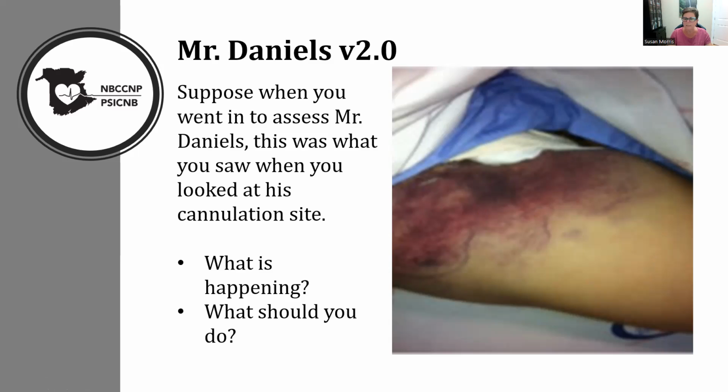I do not treat them any differently. Both require direct application of pressure for a minimum of 20 minutes. But this patient I have to pay special attention to for the next 24 to 48 hours to ensure he does not develop compartment syndrome. And so application of pressure is the same.